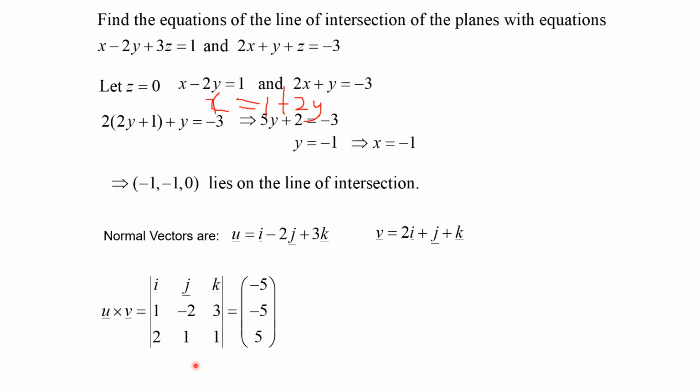Next, you have got the direction vector and you have got the point, so you can come up with the line equation now. We normally write it in symmetric form, where the direction vector components are in the denominators. So the denominators are negative 5, negative 5, and 5 for x, y, and z respectively. And then the point is (-1, -1, 0).